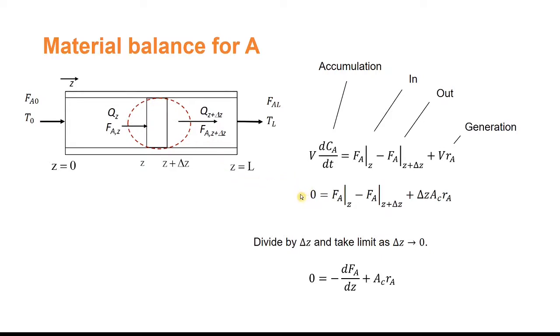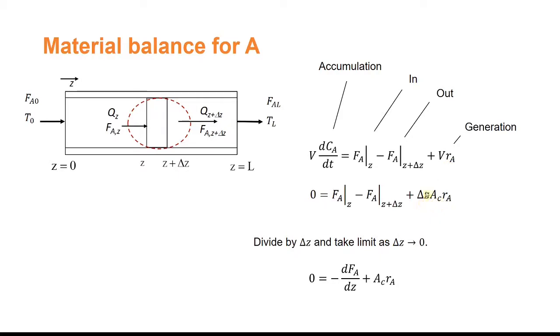Now we can apply some of our assumptions. And the first assumption was that it was steady state. So this accumulation term disappears. So we have zero here. Our flow in and flow out are the same, and we can start adding in some information about the system for this generation term.